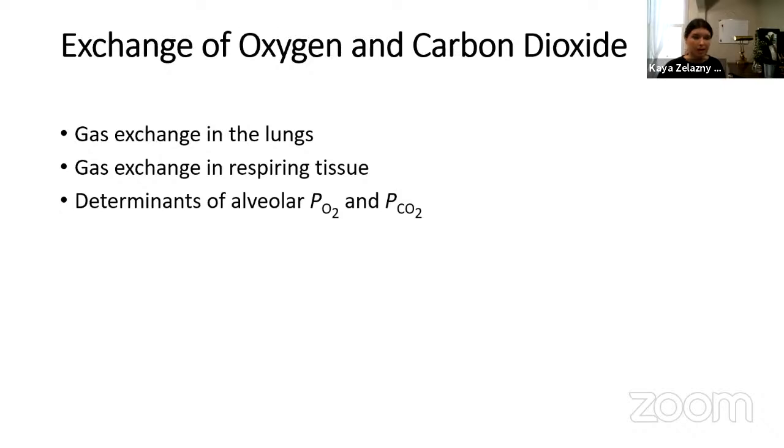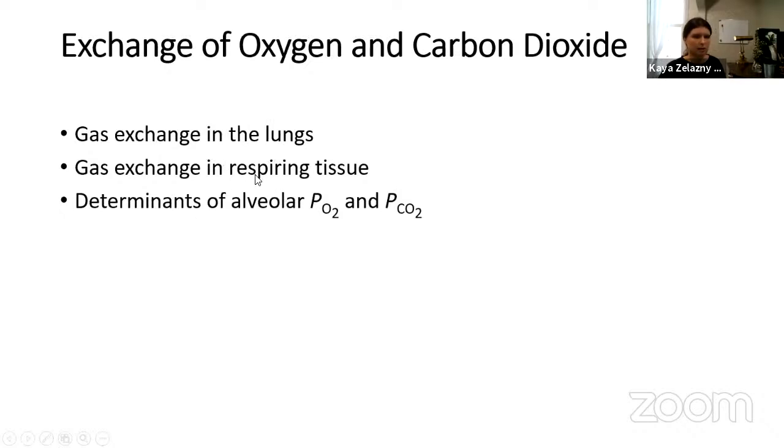The other place where we have gas exchange is in the respiring tissue. So doing aerobic respiration, right? So doing metabolism stuff. And we talked about that a little bit in our previous chapters where we were looking at oxygen uptake into the tissue and carbon dioxide flowing into the blood.